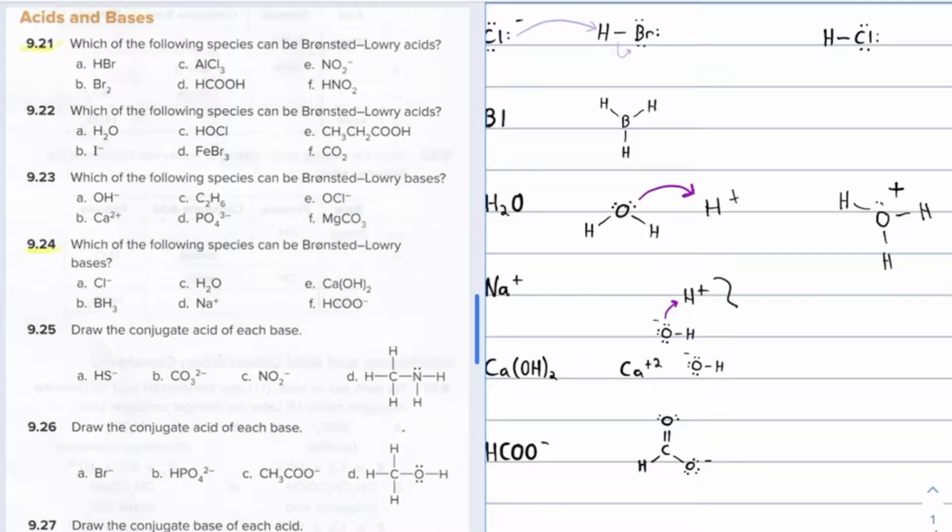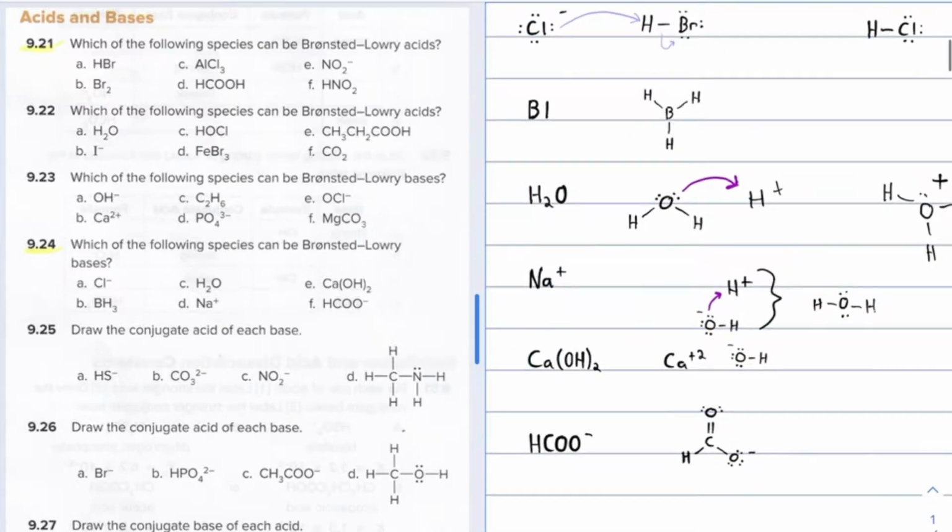Forget about the other two for a second. Just these guys. Well, if you guessed water, you are correct. So water is the conjugate acid of hydroxide.